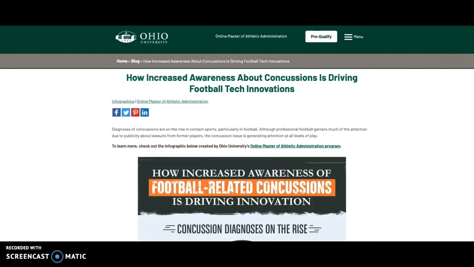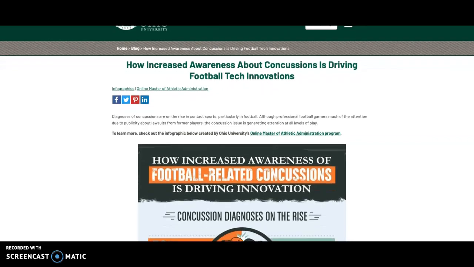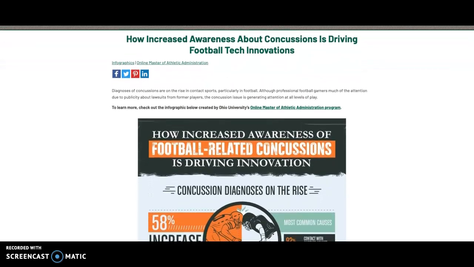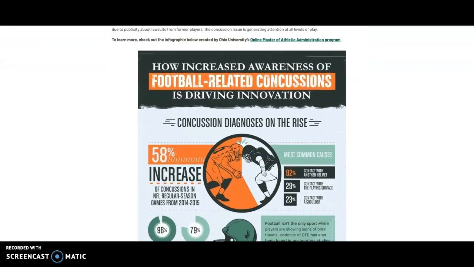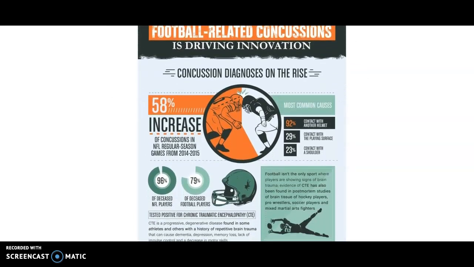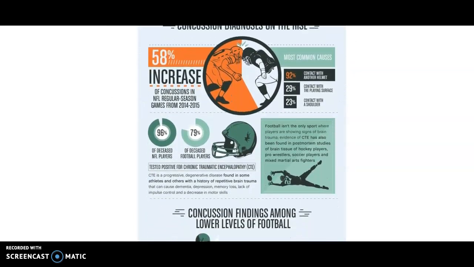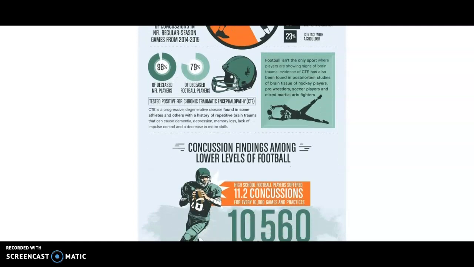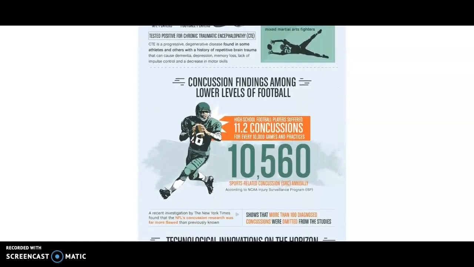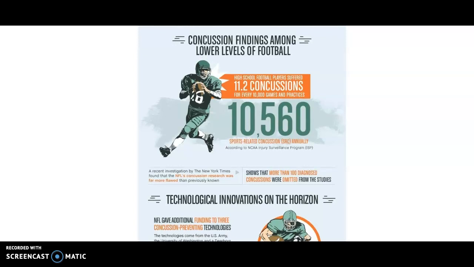In this search, I've also come across an infographic that was created by Ohio University's online Master of Athletic Administration program. So this maybe has less relevance for a research paper, but certainly is something to file away and keep in mind for a documentary film.